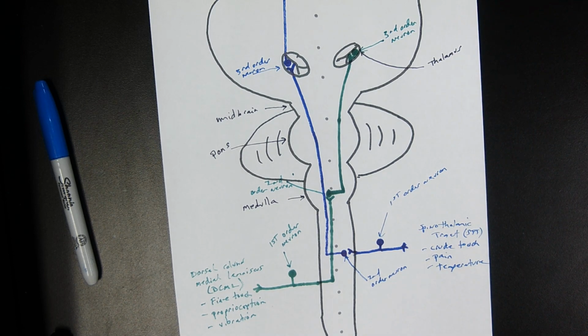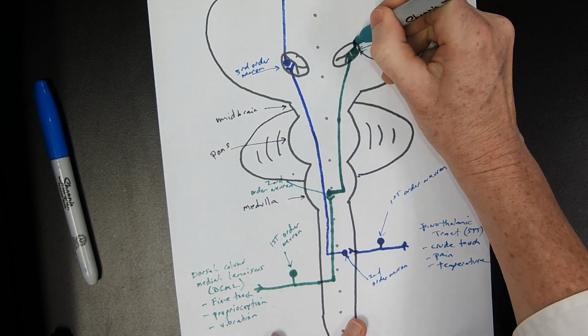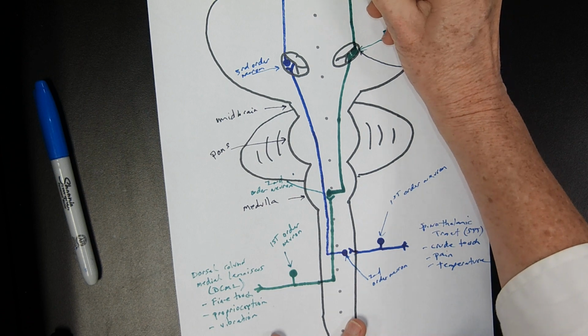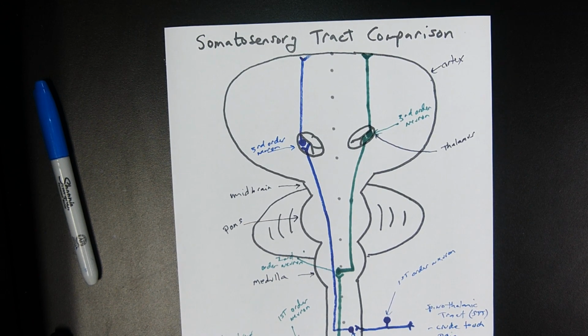And then the third order neuron sends out axons to the postcentral gyrus or somatosensory cortex to convey that information up to the central nervous system.